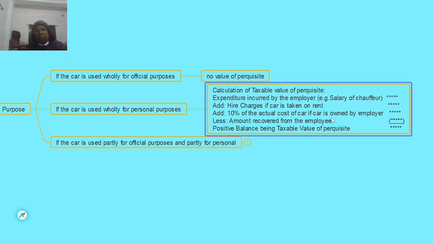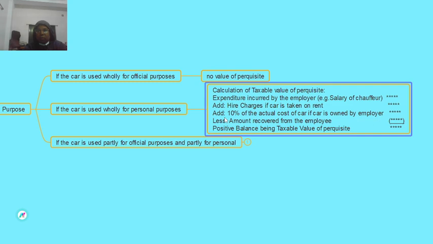So if the car is owned by the employer, then the 10% depreciation will be charged. If the car is not owned by the employer, then the hire charges will be there. So, expenditure incurred by the employer, the salary of the driver, or if it is taken on rent, then hire charges.